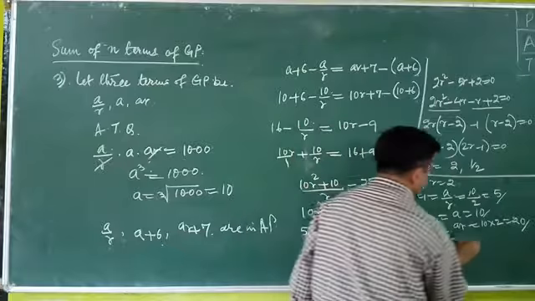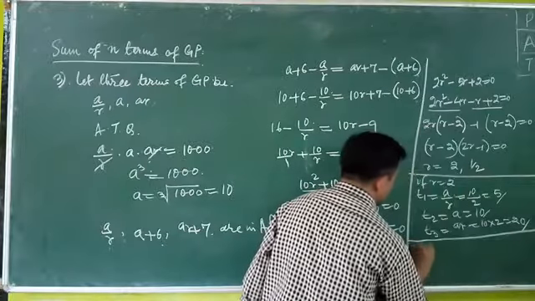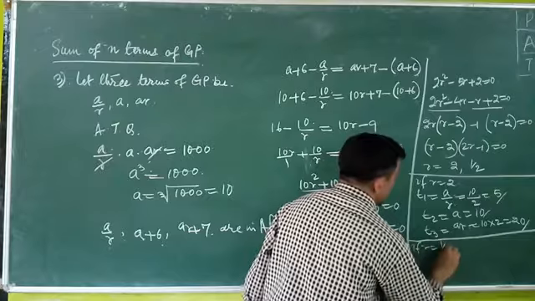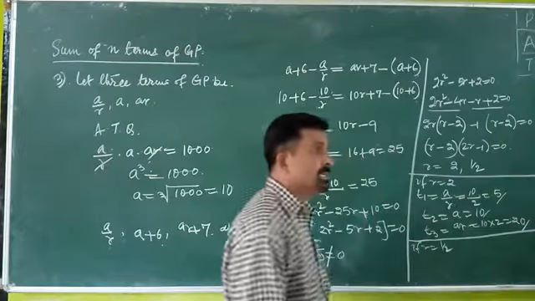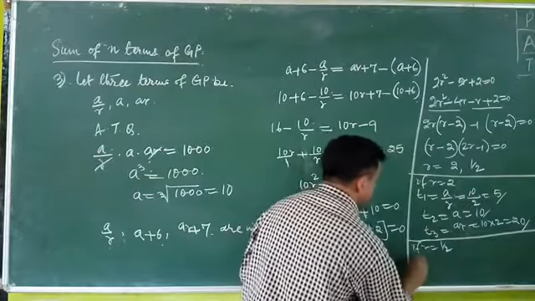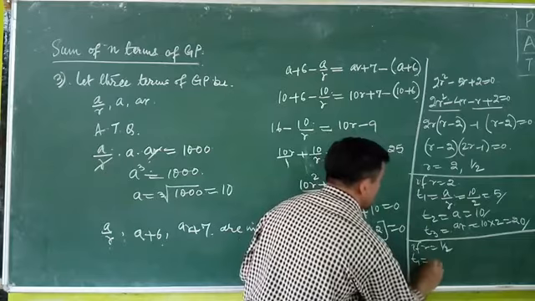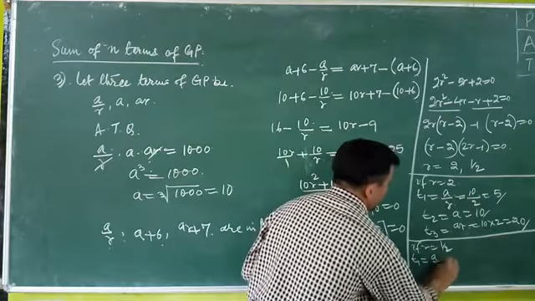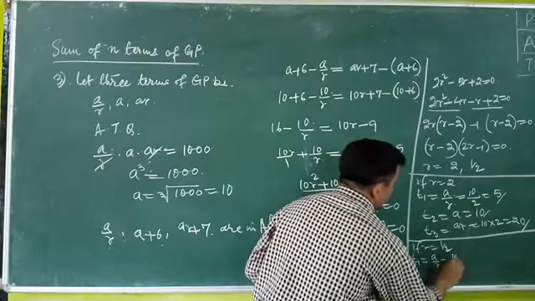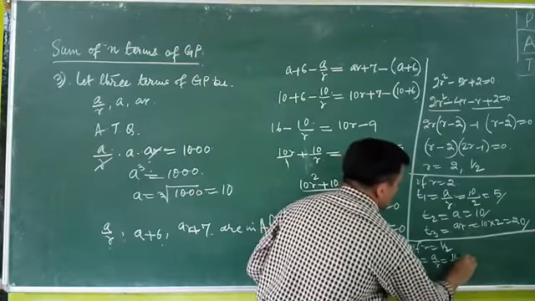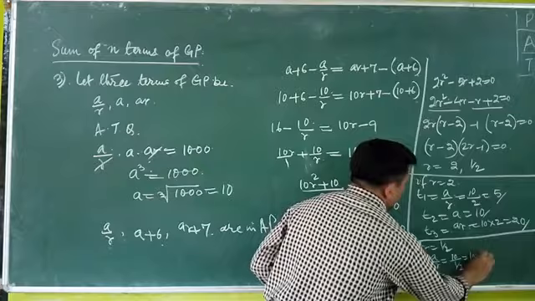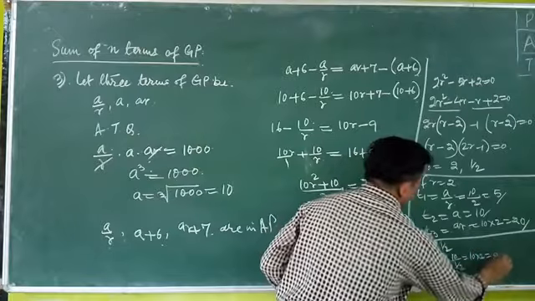After this, we can have another set. When your r is half, T1 is equal to a over r, and therefore a is 10 and r is 1 over 2. So this becomes 10 into 2 is equal to 20.